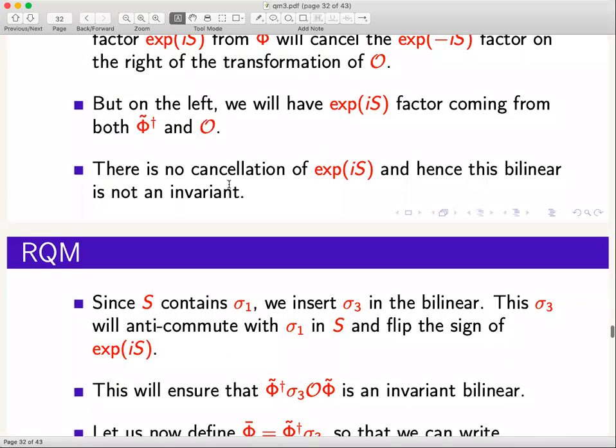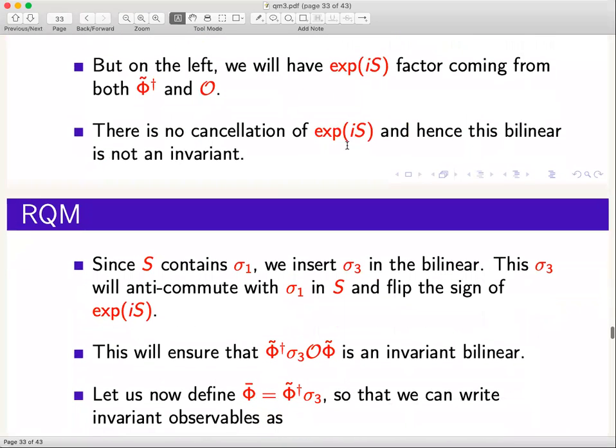What we learn is that this factor doesn't get cancelled, but if you insert sigma 3, then because of the anti-commutation between Pauli matrices, e to the is goes to e to the minus is, and this quantity becomes invariant. So we'll define phi bar as a new object, conjugate to phi tilde, and this phi bar is phi tilde dagger sigma 3.